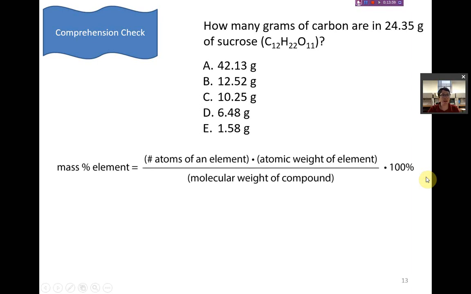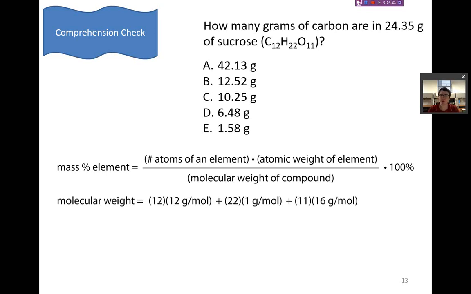So the mass percent of an element is the number of atoms of that element in the compound times their atomic mass divided by the molecular weight of the full compound. The molecular weight is going to be the sum of the contribution from carbon plus the contribution from hydrogen plus that of oxygen.